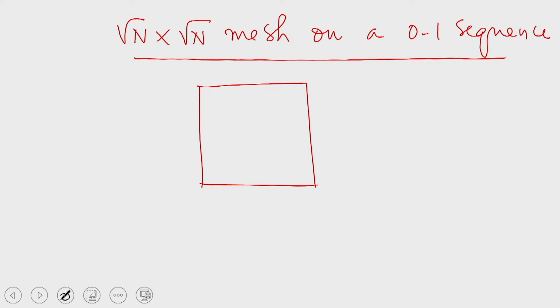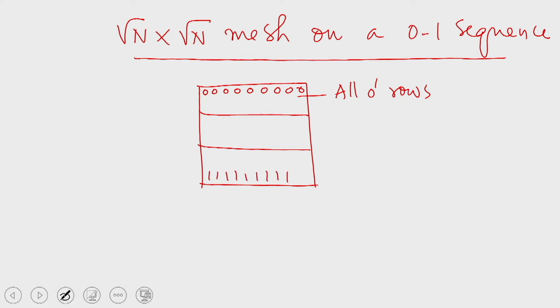So, at the beginning of any intermediate iteration, we can divide the rows of the mesh into 3 groups. At the top of the mesh, we have rows that are filled with all 0 rows. An all 0 row is one in which every element is a 0. At the bottom, we have all 1 rows.